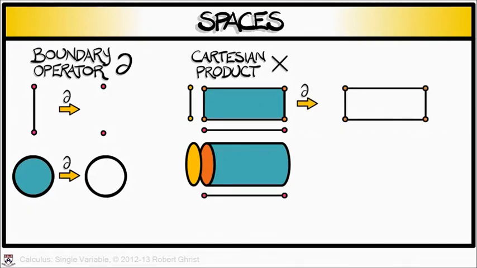Well, it consists of the edges along the boundary of the rectangle, of course. But we can think about that in terms of the product structure. This boundary is really the boundary of the first interval times the second interval.